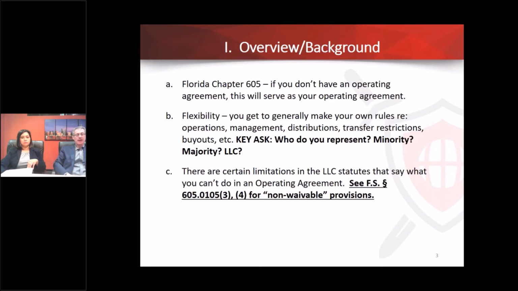So if you don't create an operating agreement, the statutes will create one for you. Depending on which state you're in, that may work or may not work. And it will definitely not work if you're looking to include a detailed operating agreement with respect to what happens if somebody in the LLC no longer performs services for the LLC, they die or they quit. What happens to equity in the LLC?